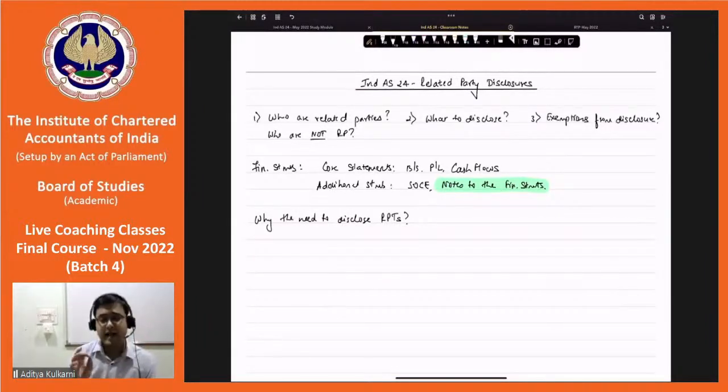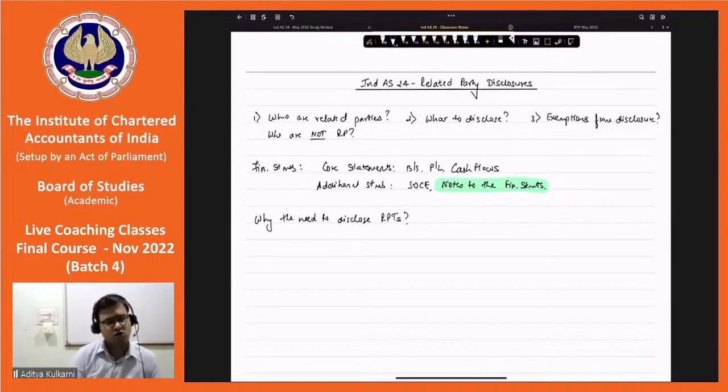Now, when that is the scenario, obviously there could be a transaction between each of these parties. And that is why related party becomes important.